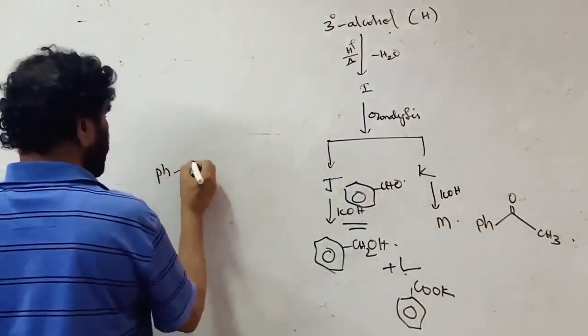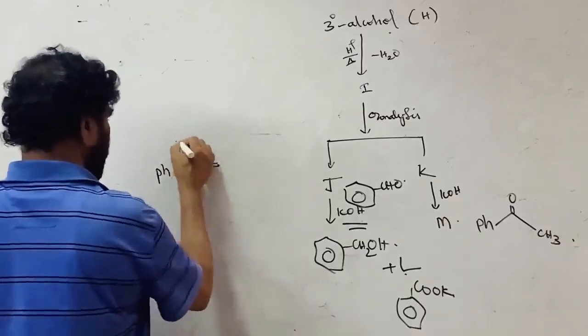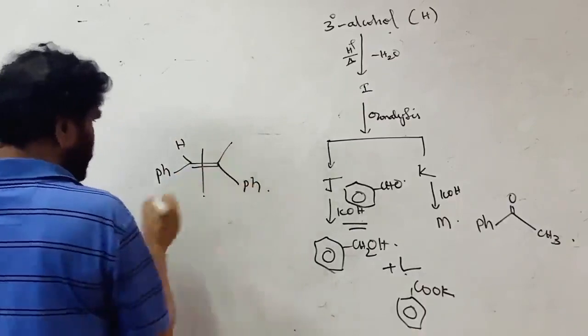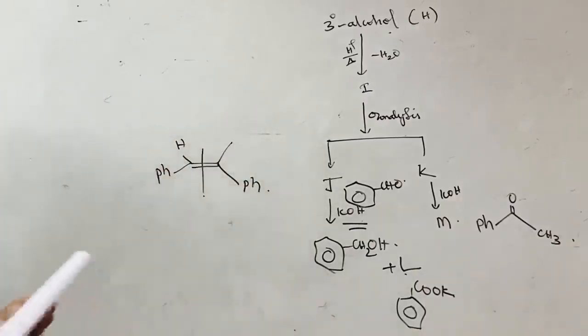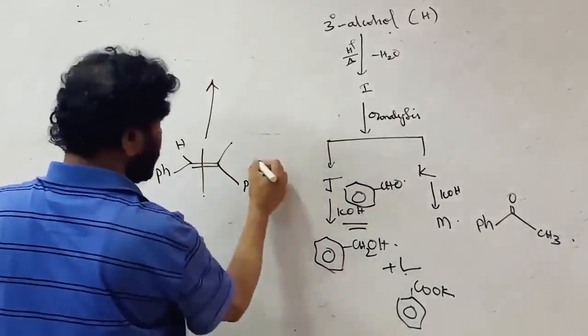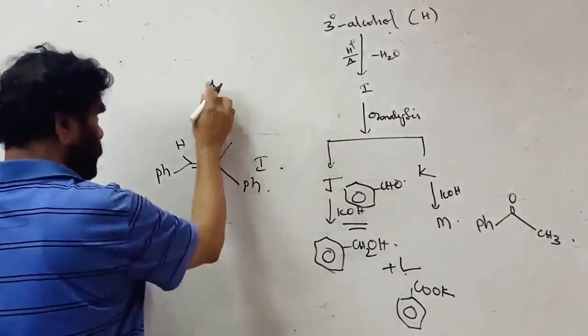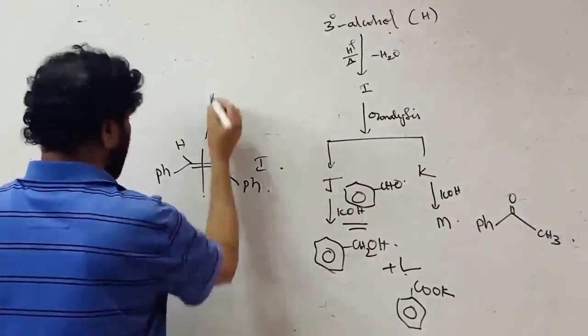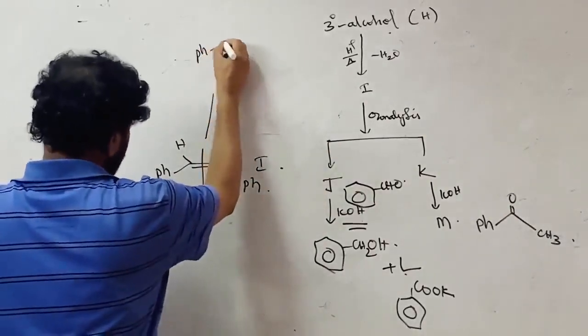This gives the benzaldehyde, this gives the acetophenone. This should be your original compound, I. The corresponding alcohol should be a 3-degree alcohol, that is Ph.